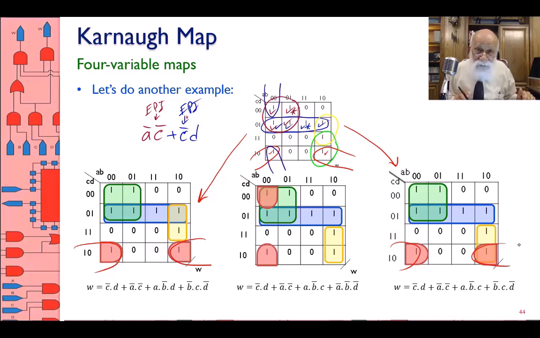What if instead of saying that I choose the red one, which covers 2 uncovered min terms, let's go back to the original map, what if I had said, let's choose the green one, because that too covers 2 uncovered min terms, this one and this one, that are not covered by the essentials?